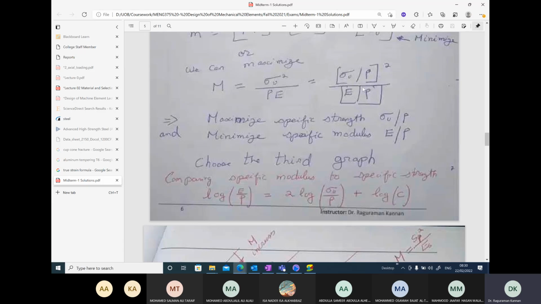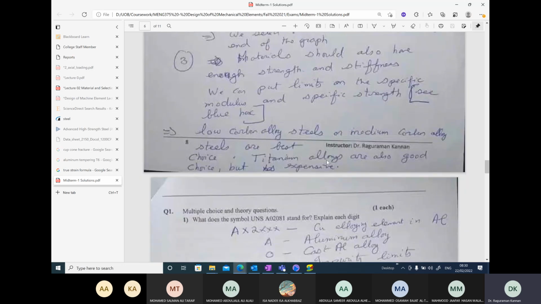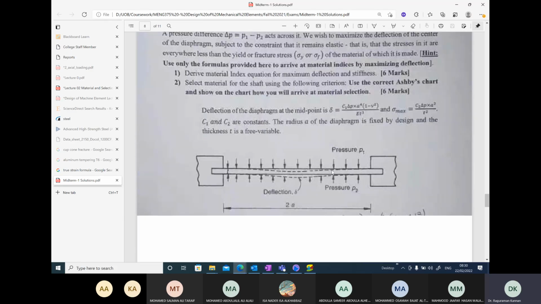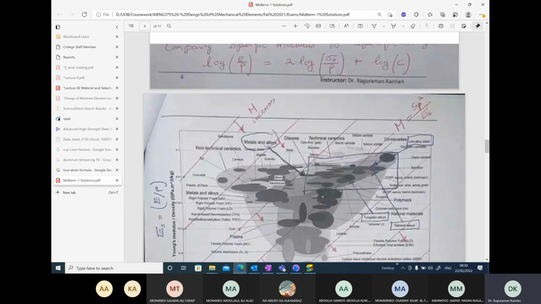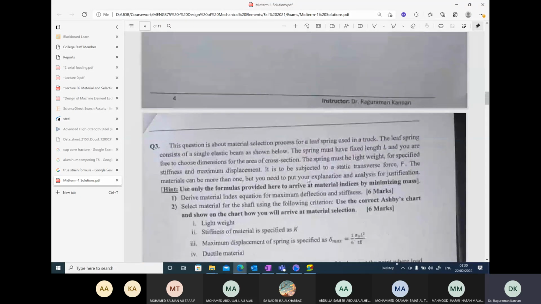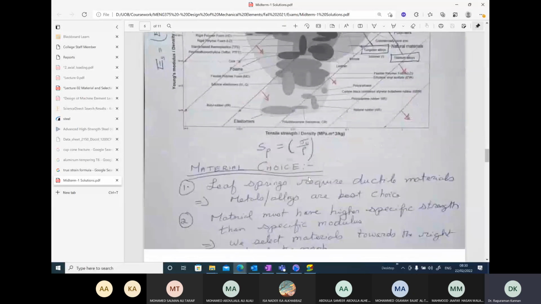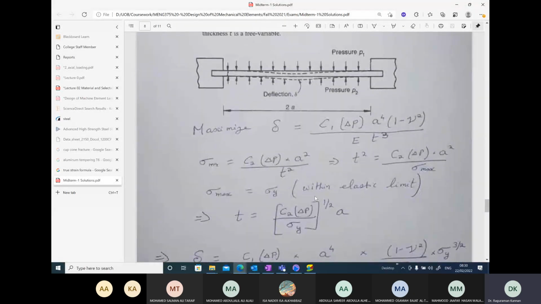So this is the material index. This is slightly complicated, and you can go through this example problem. Again, I think this is the diaphragm spring, and let's see here. This could be a leaf spring, sorry. So this is a leaf spring. Another example problem with the diaphragm spring.